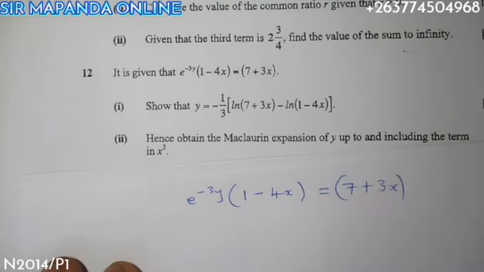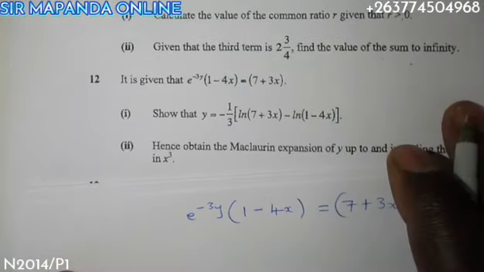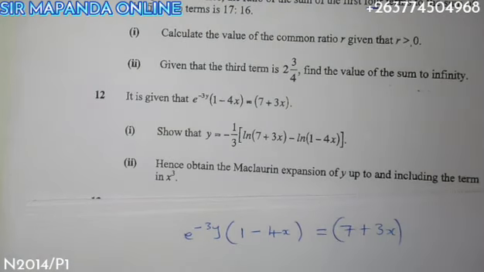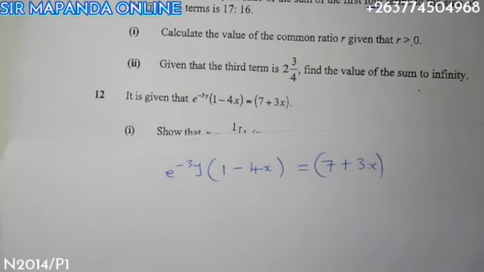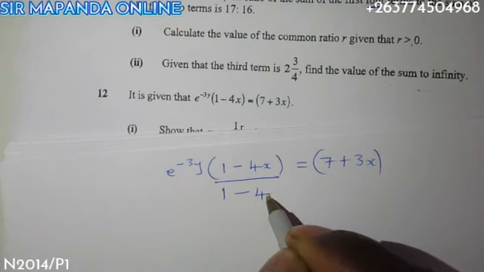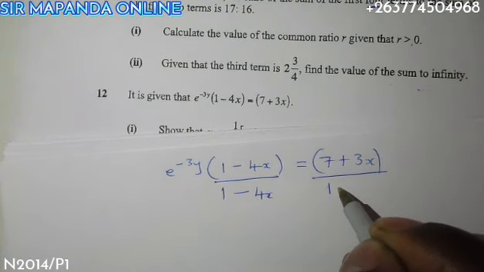Right, we are now on question number 12. It reads, it is given that e to the power of minus 3y, open bracket 1 minus 4x, is equal to 7 plus 3x. Show that y is equal to minus 1/3, open bracket, ln of 7 plus 3x minus ln of 1 minus 4x, for 2 marks. So let us start by dividing both sides by 1 minus 4x.